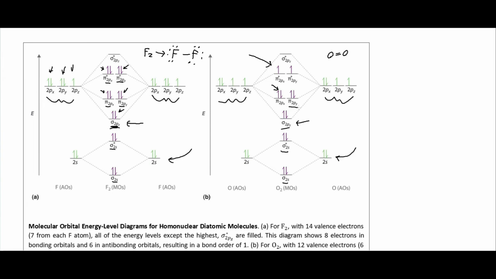We have one of the pi bonds going on here. But we have these 2 lone electrons in these antibonding orbitals. And so famously, this is why oxygen is actually paramagnetic.